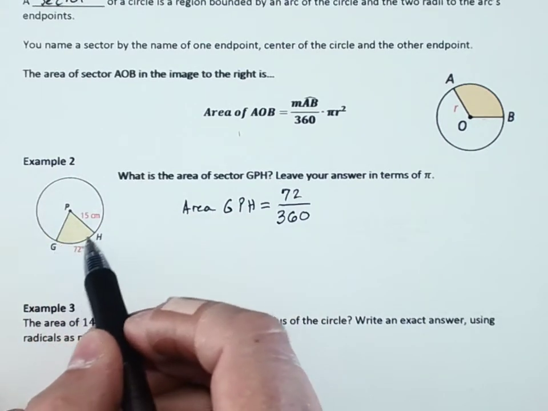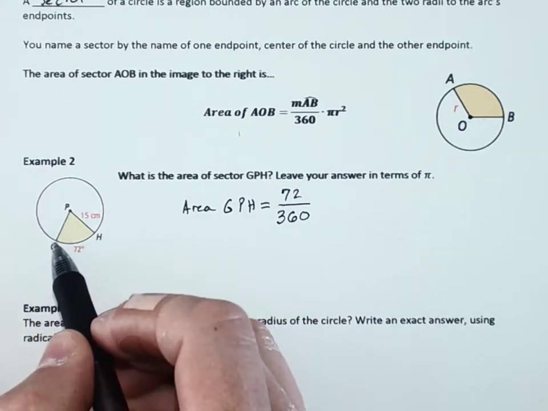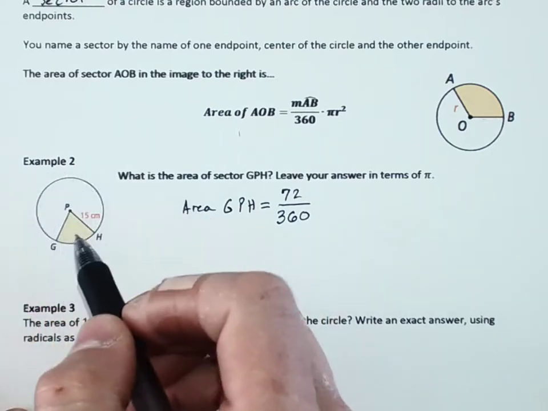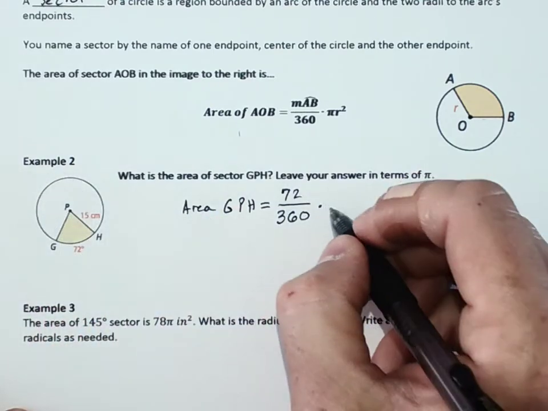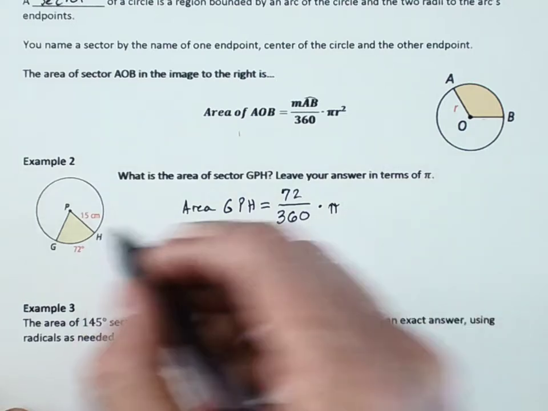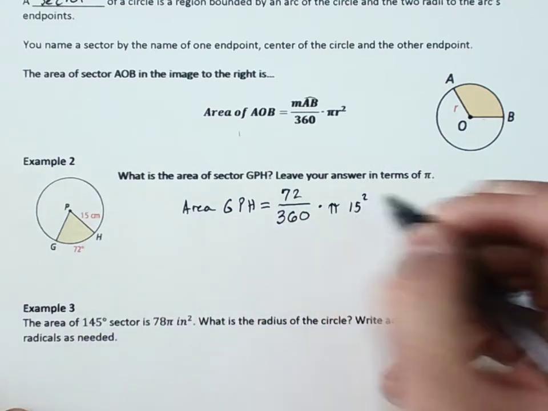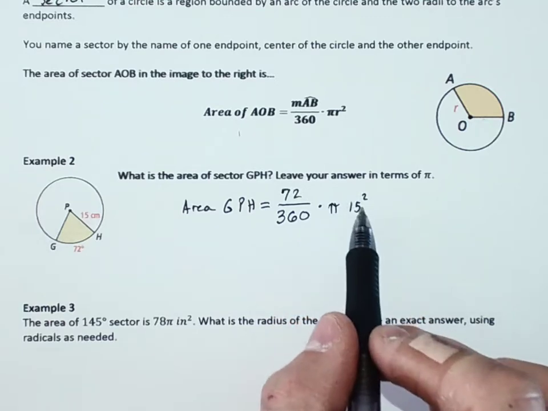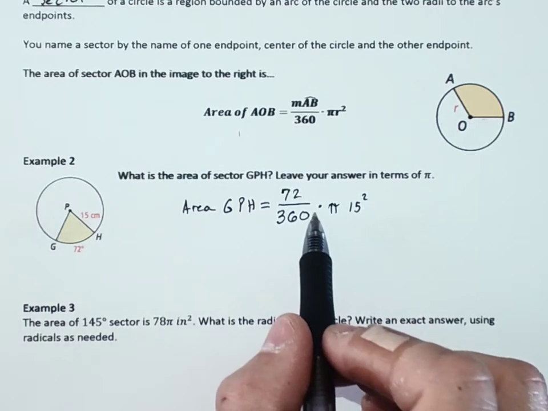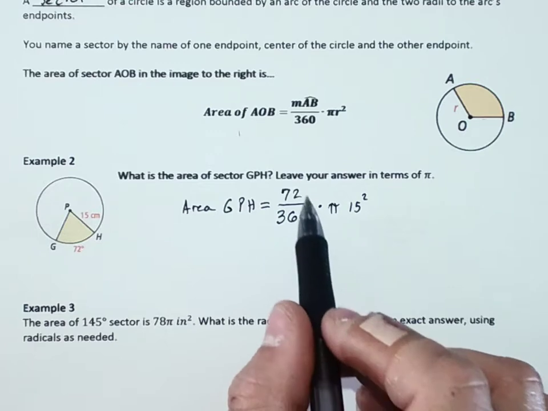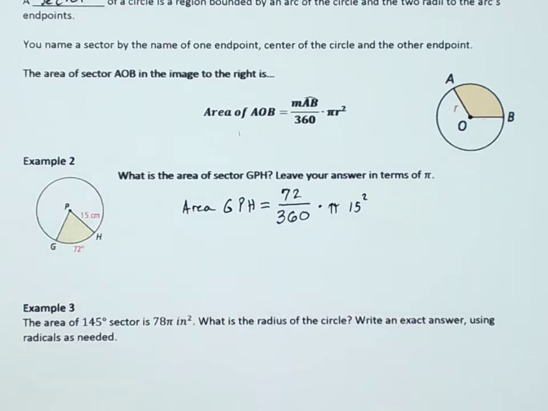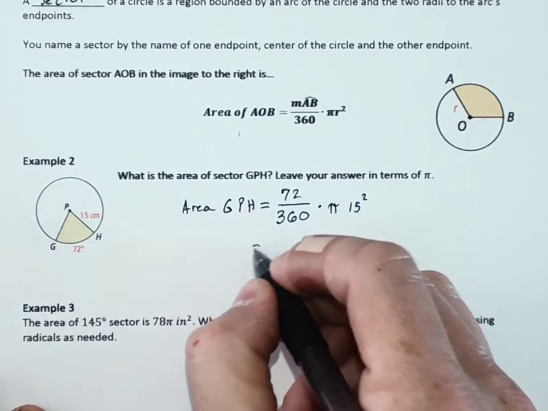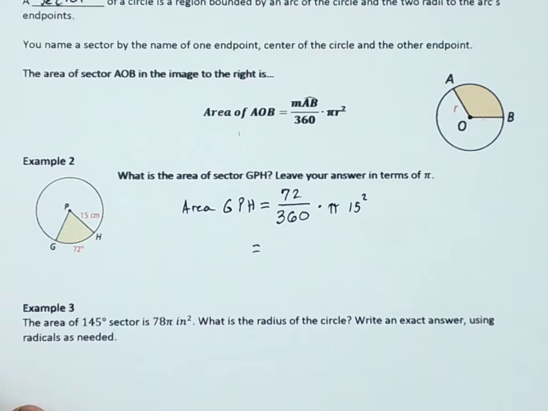So you take this little bit here, which is how much of the entire circle it is, and then you multiply that by pi times the radius squared. So you're taking the entire area of the circle and multiplying it by the percentage of the circle that this specific arc is.